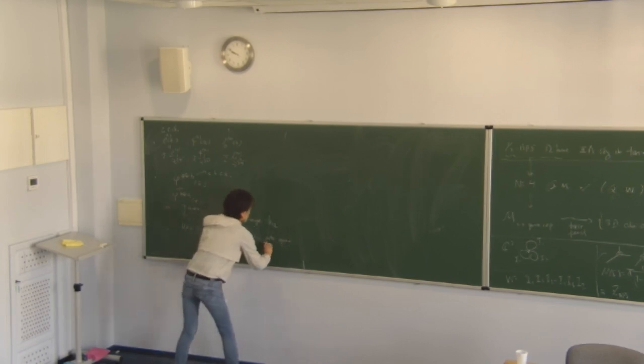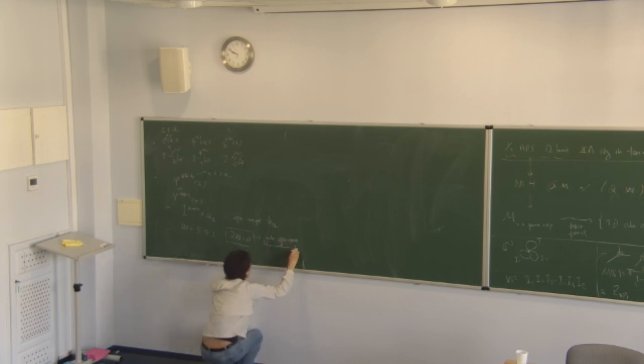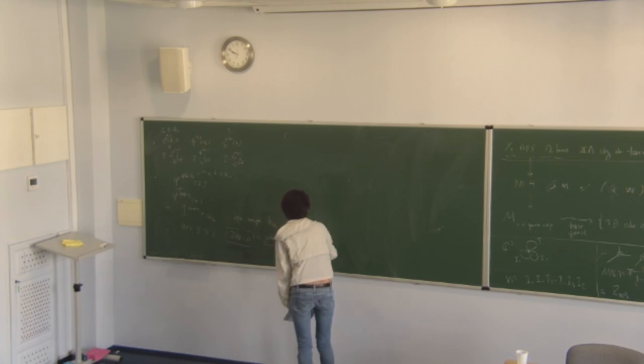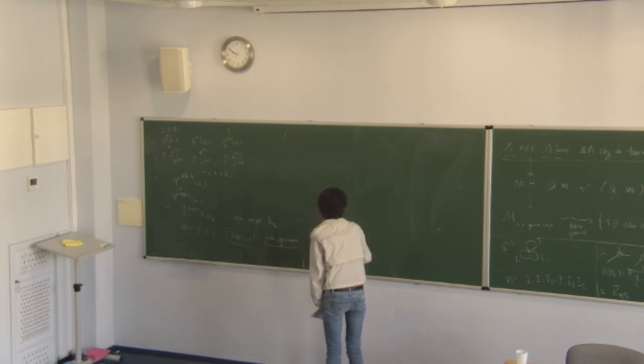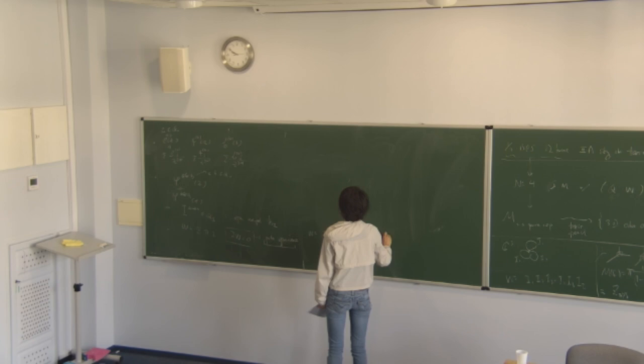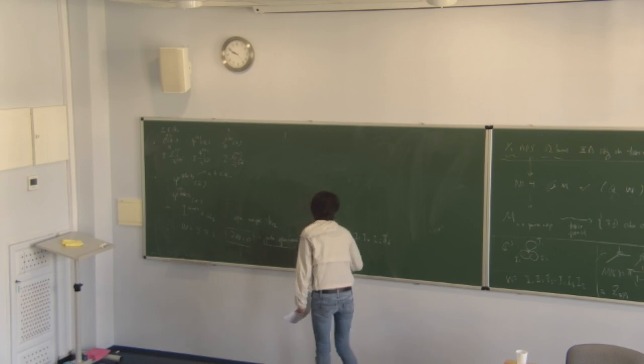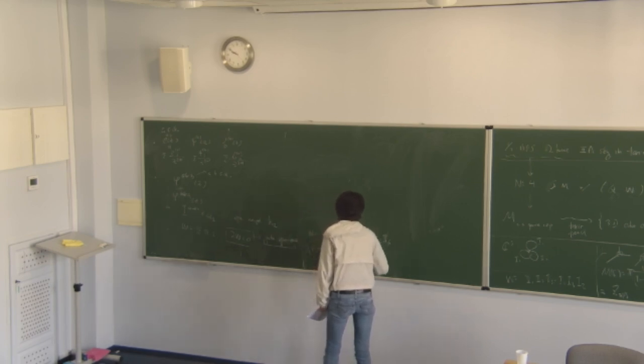So for example, if you have a potential like this, I1, I2, I3, then if you take the derivative of the potential with respect to I1 and set it to 0, you get the equivalence between these two paths.